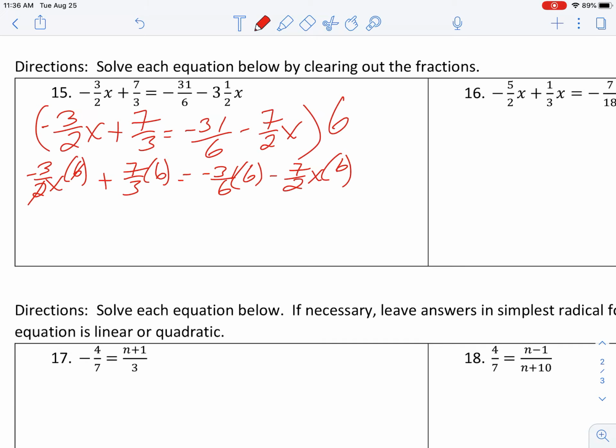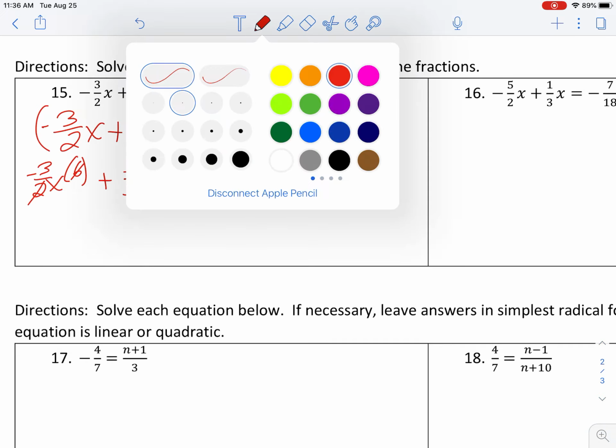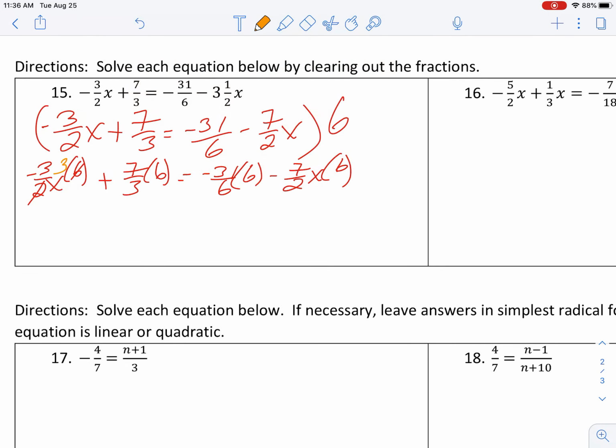6 divided by 2 is 3. And what's 3 times negative 3? Negative 9x. And then 6 divided by 3 is 2. 7 times 2 is 14. 6 divided by 6 is 1.